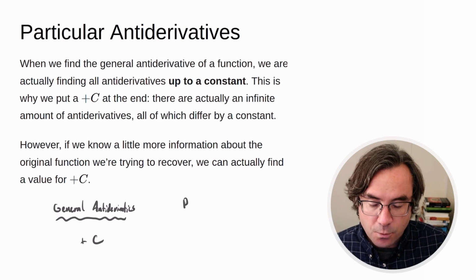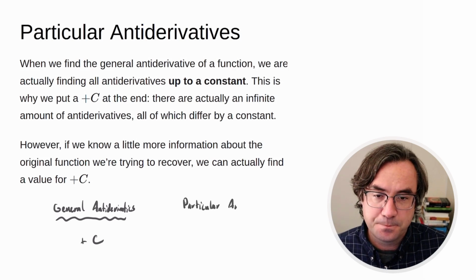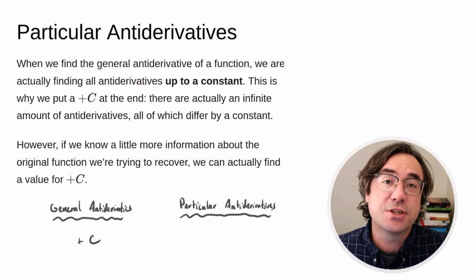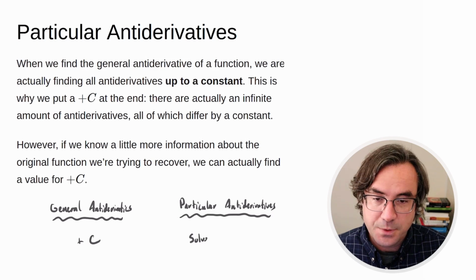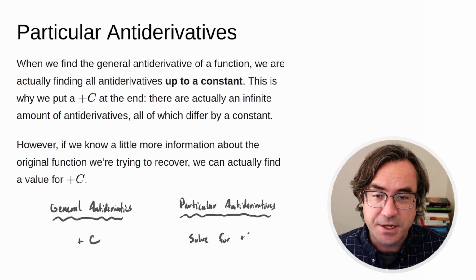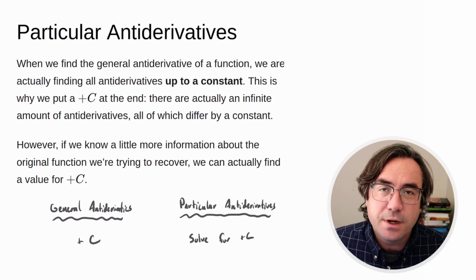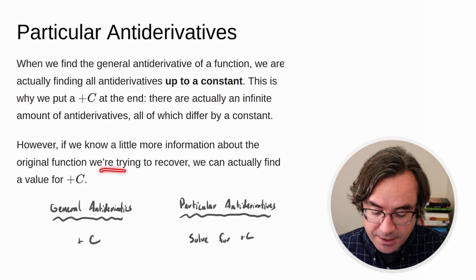But now we're going to look at what we call particular antiderivatives. And for these, we're still going to be using plus c in our work, but then we're actually going to solve for what the c value is. The way we're going to do this is, we're going to need to know a little bit more information about the original function that we're trying to recover.